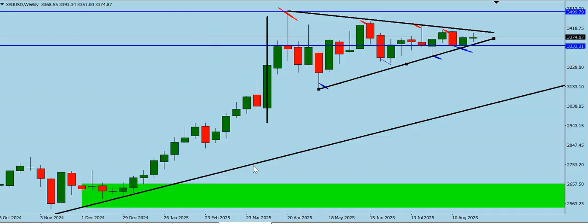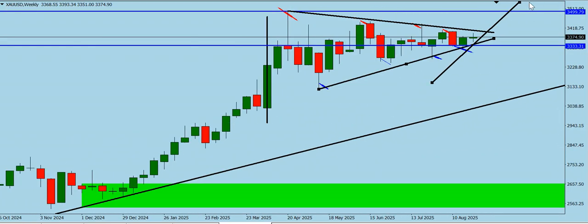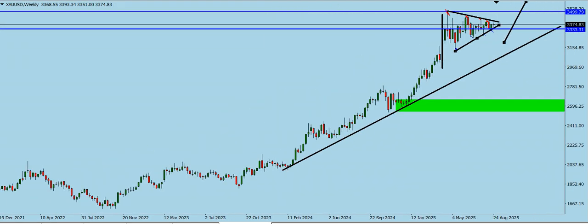And if price is going to break above this particular range, we might expect price to go up some more, and that's going to be a very long way up on the weekly time frame.